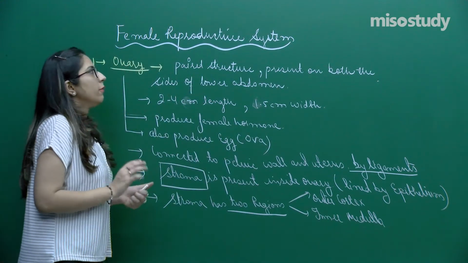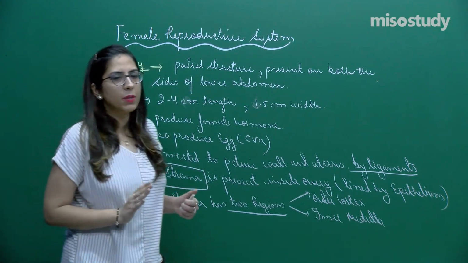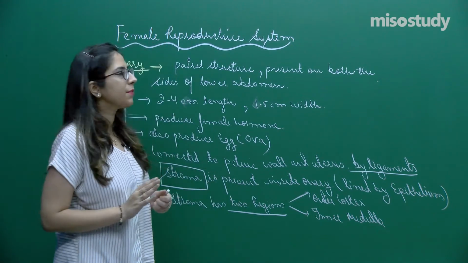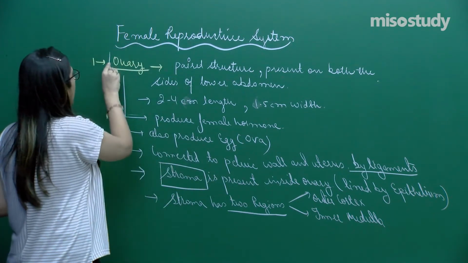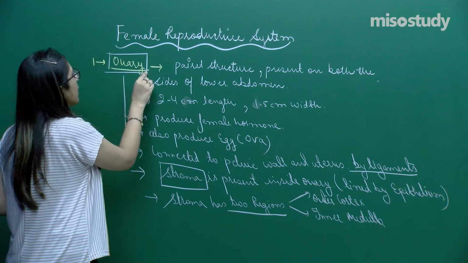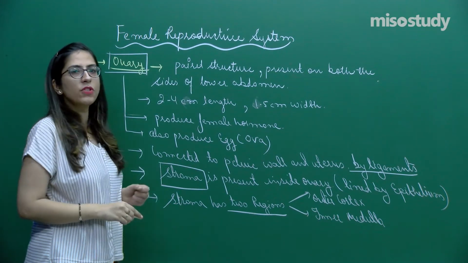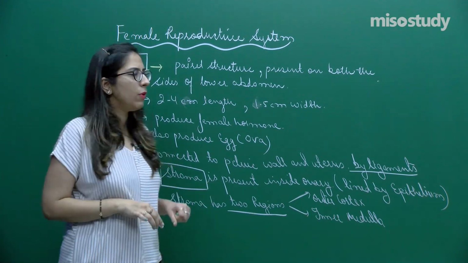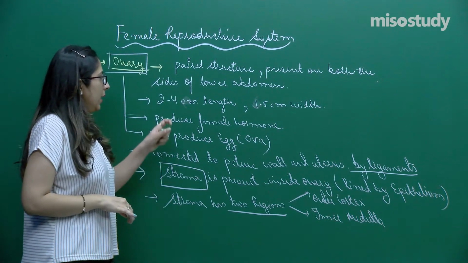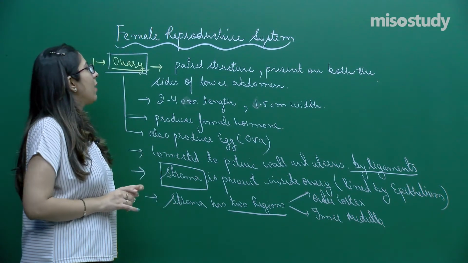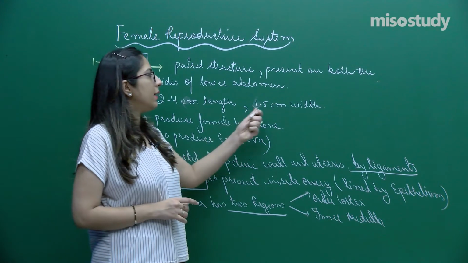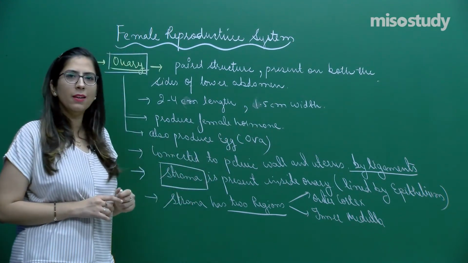Now, we are discussing the female reproductive system. First of all, I am discussing the ovary. Ovaries are paired structures present on both sides of the lower abdomen. They are around 2 to 4 centimeters in length and 1.5 centimeters in width.